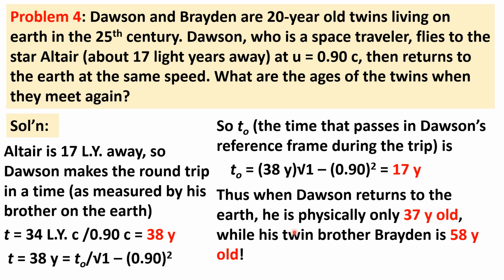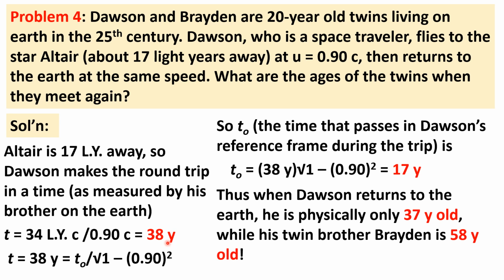But when they met, Brayden is now 58 years old because from Brayden's frame of reference, his twin brother who went on space travel has been away for 38 years.